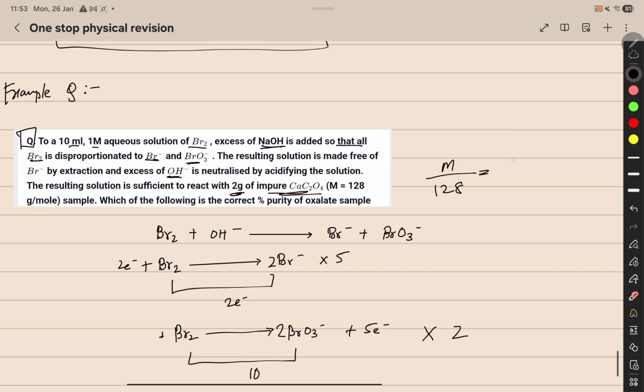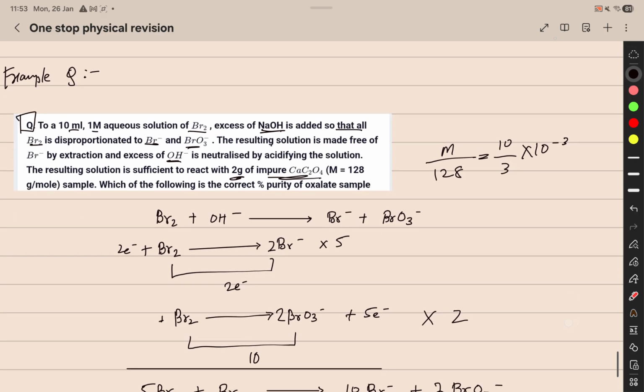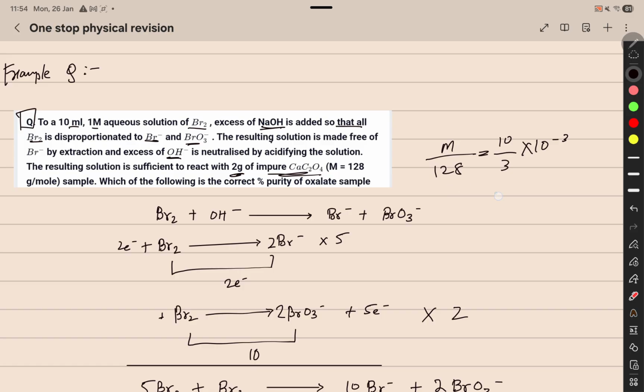And obviously this is in millimoles, right? So we multiply with 10 power minus 3. From here you can get the mass, and you can get the percentage purity. Whatever mass you get, percentage purity you can calculate by m by 2 into 100. So that will be the percentage purity of your oxalate sample.